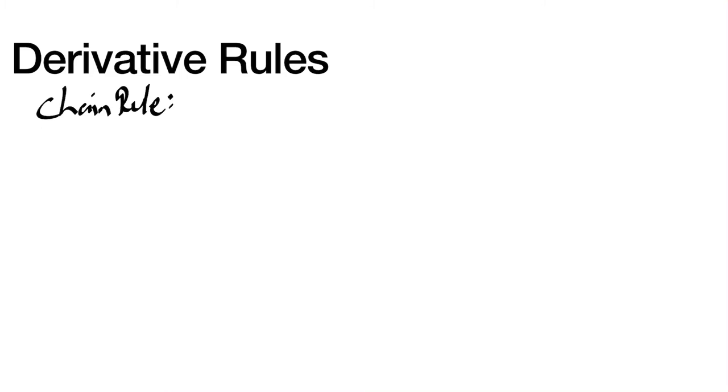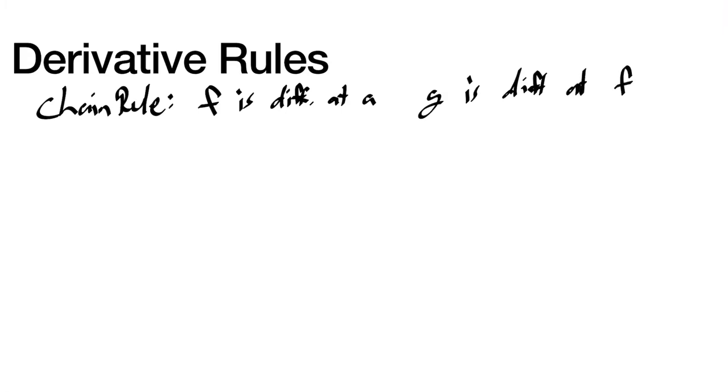Basically what the chain rule says is that if f and g are functions, and I'll let you look in the book, I don't want to write down right now all of the things that go into the definition, but f and g have to be differentiable at these different points. I guess I can write it. So f is differentiable at a, and g is differentiable at f of a, which maybe I'll call b or something.